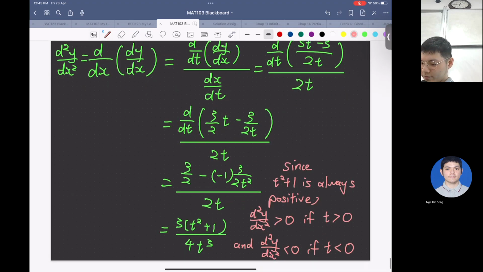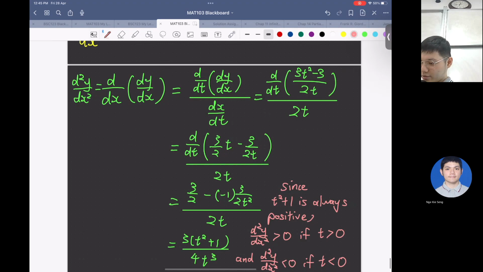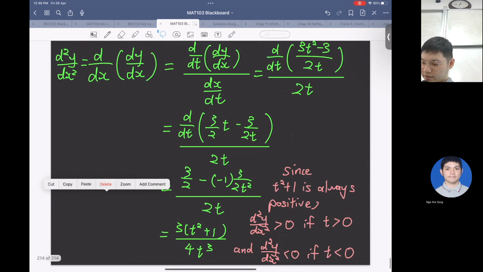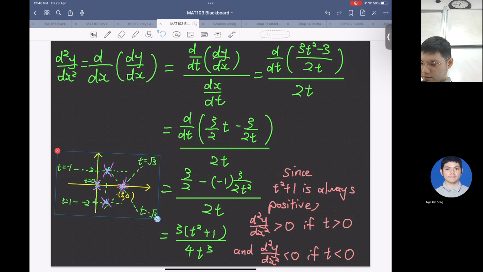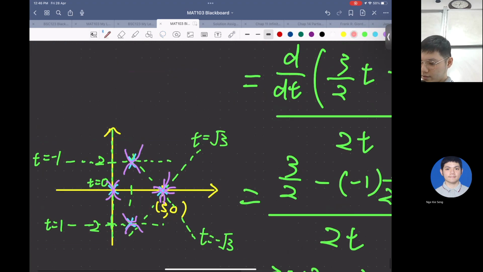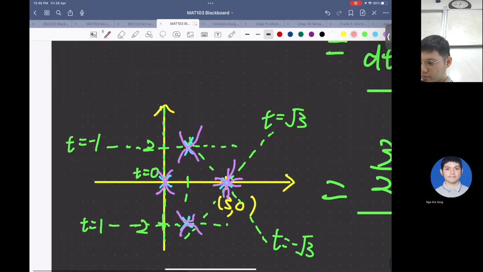So what can we do from here? Can we try to do anything from here? Repeat the diagram again. Copy, and then paste it here. So let's summarize what we have.